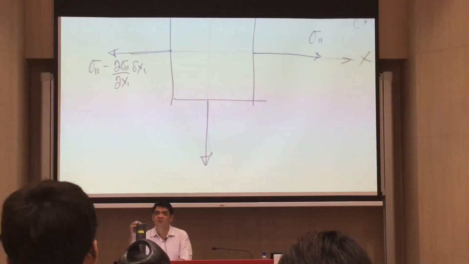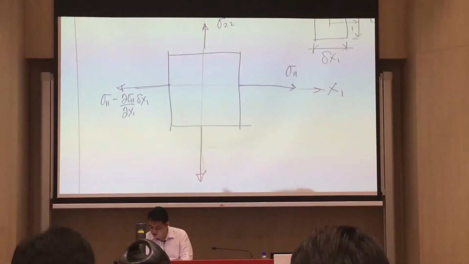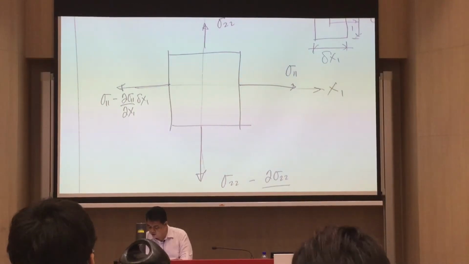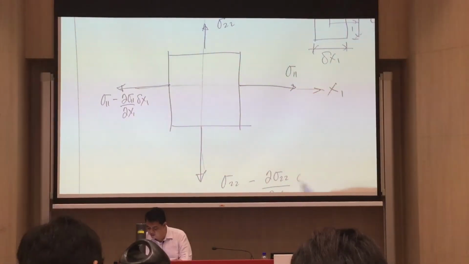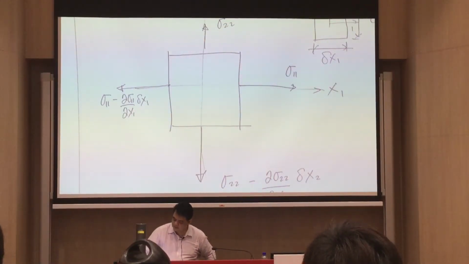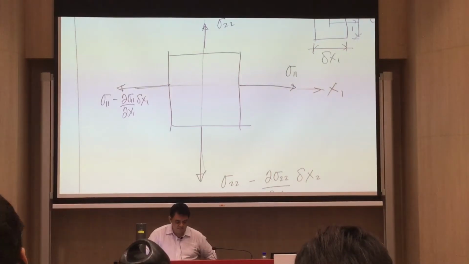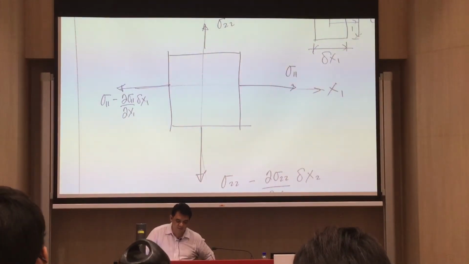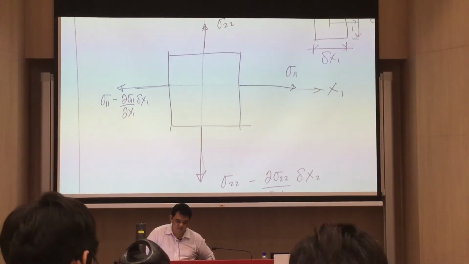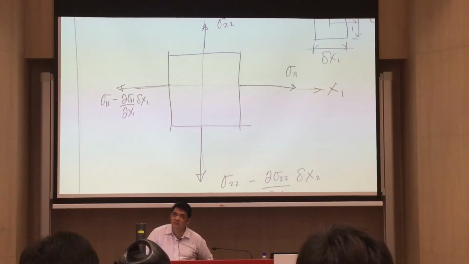So if that is sigma 2,2, you will have here sigma 2,2 minus partial sigma 2,2 with respect to x2, delta x2. Right?